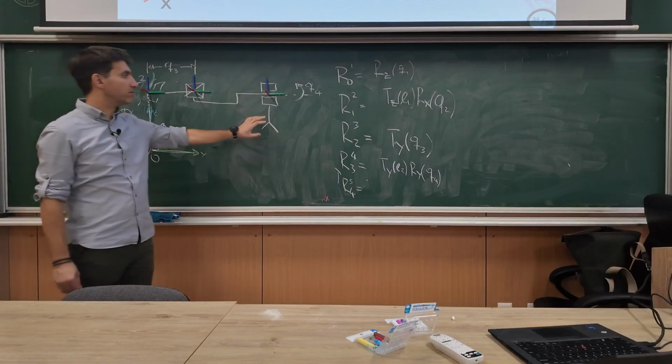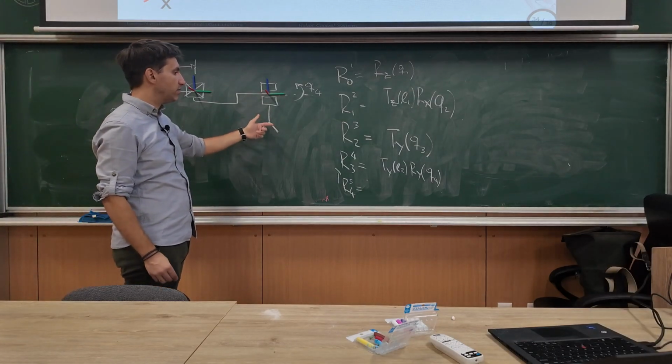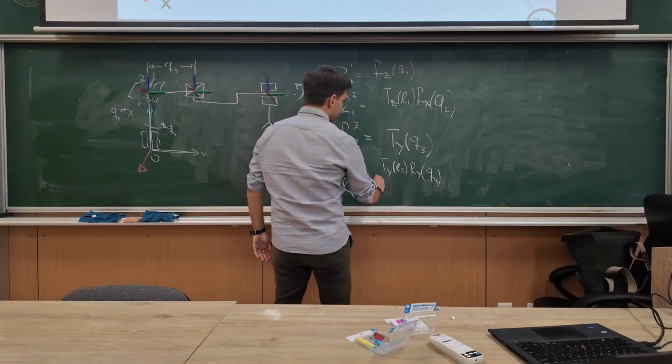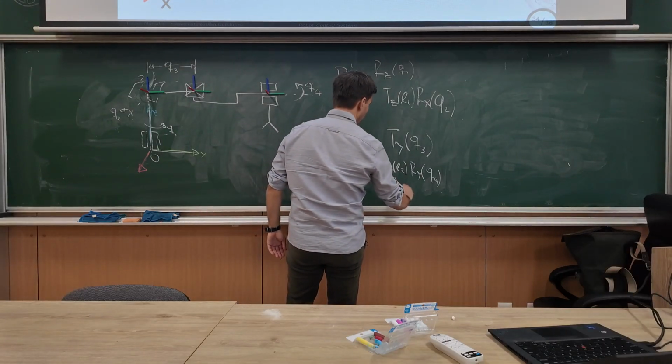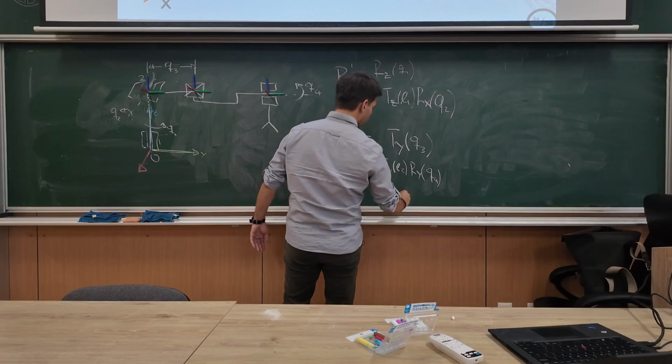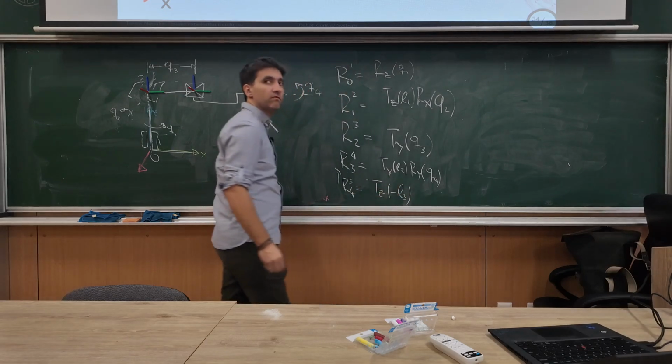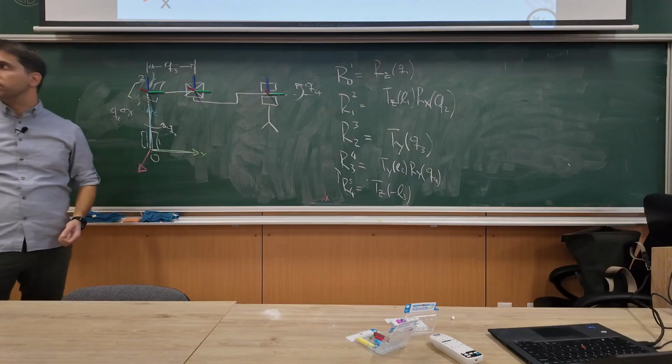Okay, and then let's say I have the same frame down here. Translation on Z by minus L3. All right?